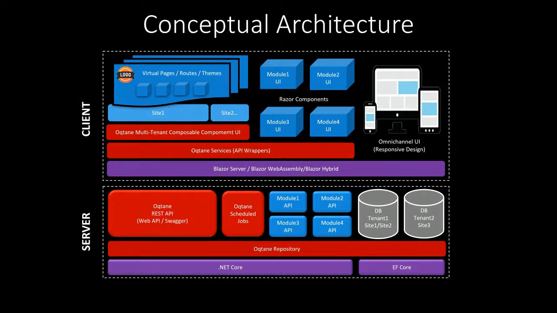One of the architecture decisions that was made early on was to create everything in a very clean client-server method. I've seen a lot of Blazor Server applications which are not developed in that way, and because of that, it's not easy for them to transition to use some of the other hosting models. Well, everything in Oqtane was built in a client-server manner so that it works on all of the different hosting models.